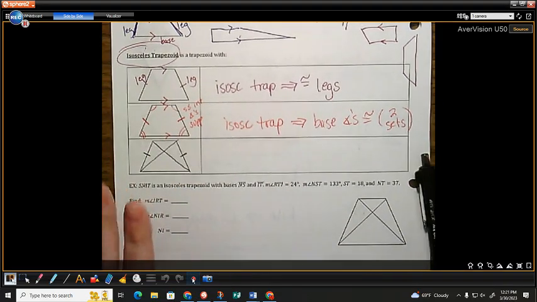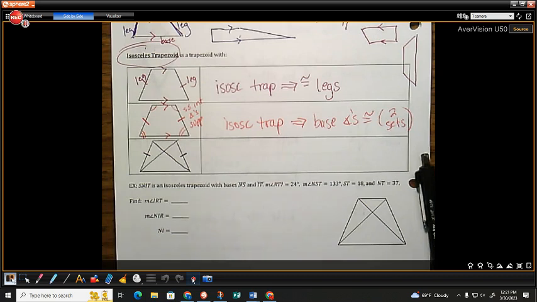Wait a second. You did this back in our congruent triangles unit. Watch. Remember that the base angles have to be congruent? And so this triangle and this triangle share a side.